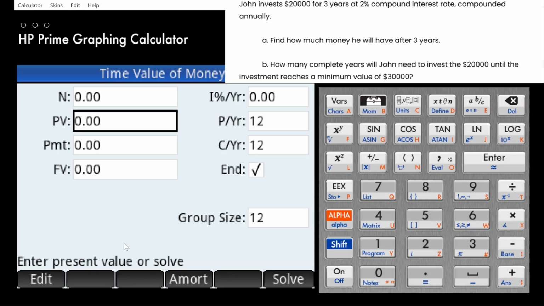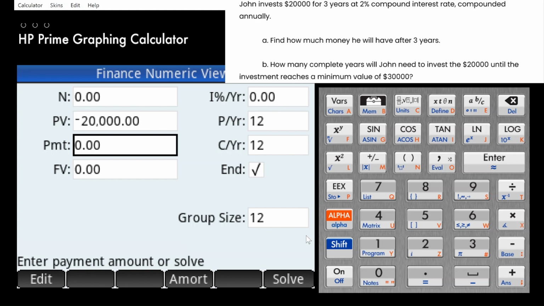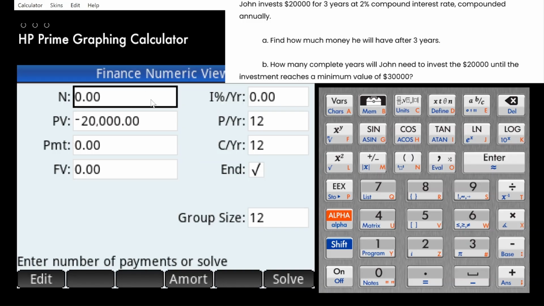For question A, we know that the principal value is $20,000. So I input a negative 20,000 in the PV box. For this question, the negative rule doesn't really matter, but it will matter in the next question. Anyway, he invests for 3 years, so I input 3 into the N box here.